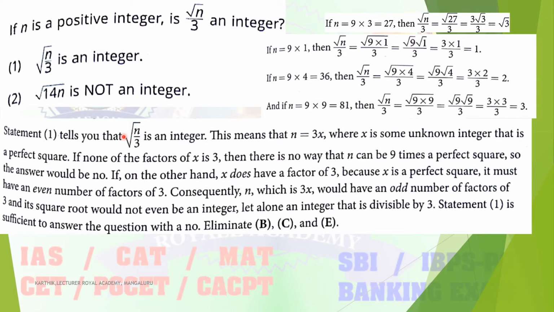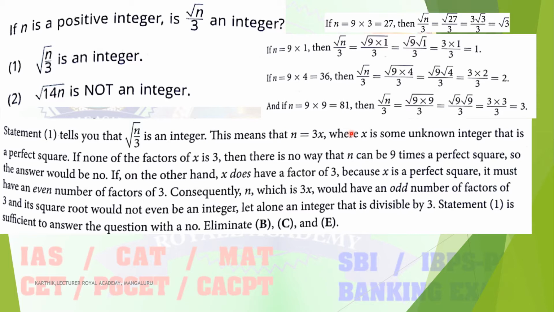Next we'll see the statements. What is the first statement? The whole square root of n by 3 is an integer. This means that n should be 3x, where x should be a perfect square.